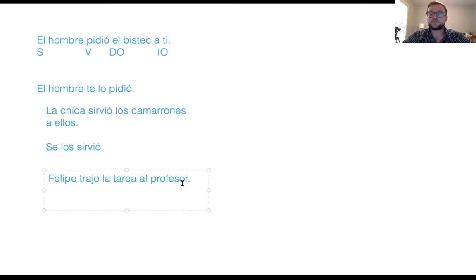So that would be our indirect object, right? So if we're going to shorten this, it would be le, la, right? Because singular feminine noun right here, la tarea. Le, la, trajo. But remember, le, la, only Eric Clapton does that. So we have to say, se la trajo. He brought it to him.